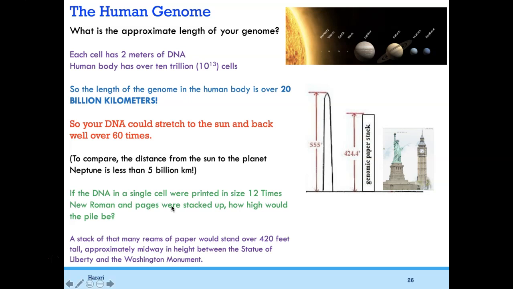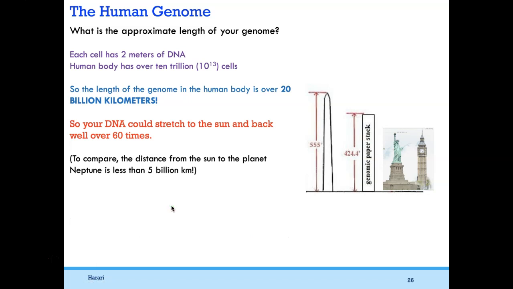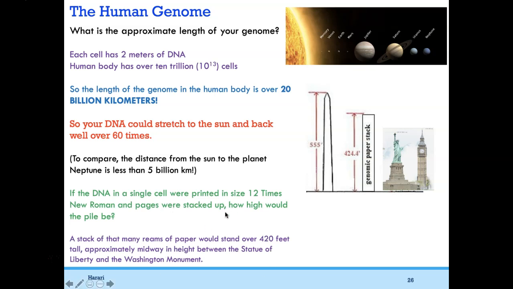If the DNA in a single cell were printed in size 12 font, Times New Roman, and the pages were all stacked up, how high would the pile be? Well, if you just typed up the letters of your genome in a single cell, that stack of paper would be about 425 feet high, which is about midway between the Washington Monument and the Statue of Liberty.